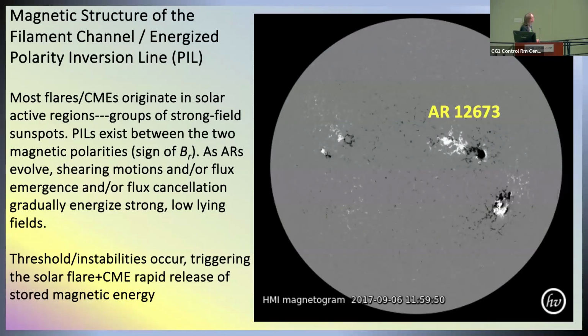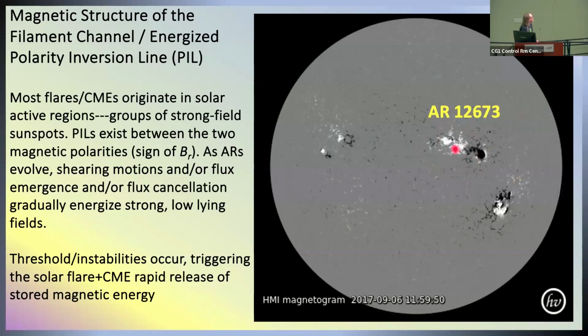And what do magnetic fields look like on the sun? Well, here's a magnetogram for this same September 2017 source region. This is in fact active region 12673 that rotates to the limb and is then the source of that movie at the beginning. So what do we see here?